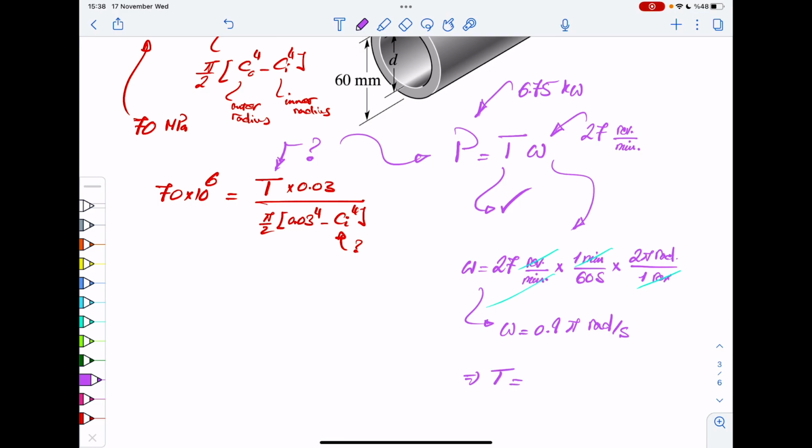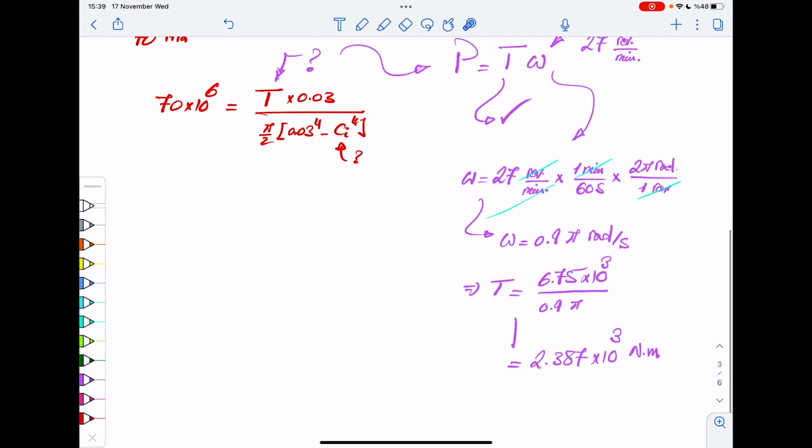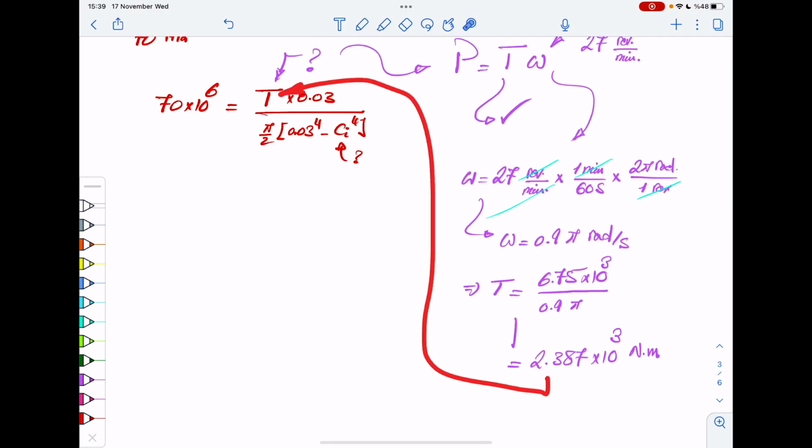So torque is basically 6.75 times 10 to the power 3, because it was kilowatts, divided by omega, which is 0.9 pi, and that gives you 2.387 times 10 to the power 3 newton meters. So this is your T, and all you have to do now is insert this value in this equation.